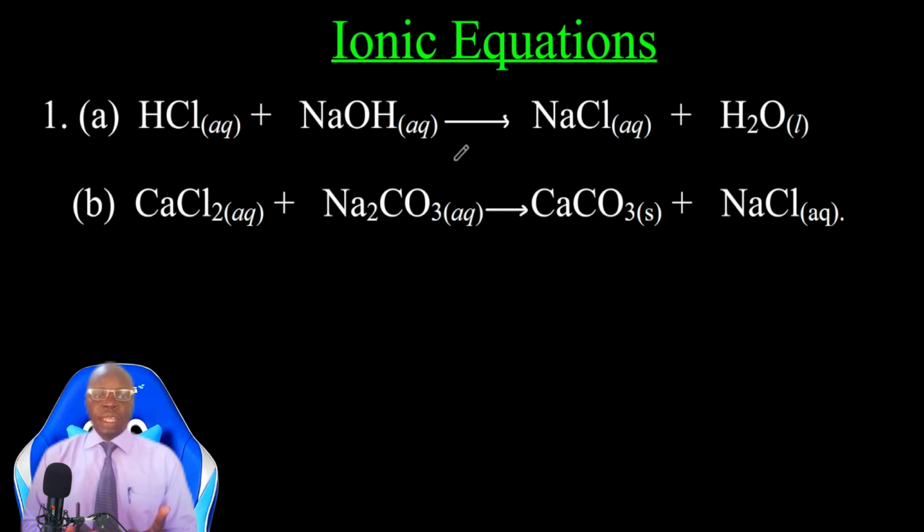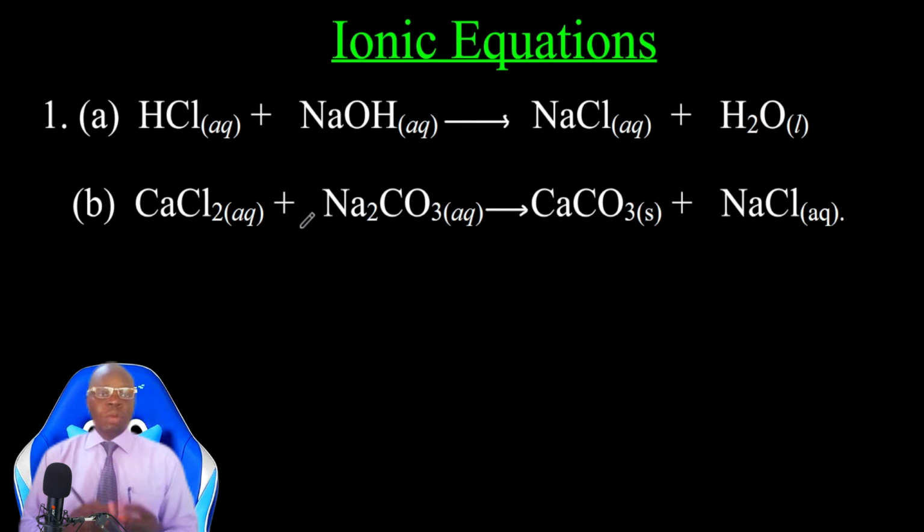Now with all this said, let's take a look at our equation number A, where hydrochloric acid reacts with sodium hydroxide to produce sodium chloride and water. You can see the first 3 compounds, hydrochloric acid, sodium hydroxide, and sodium chloride, are aqueous.